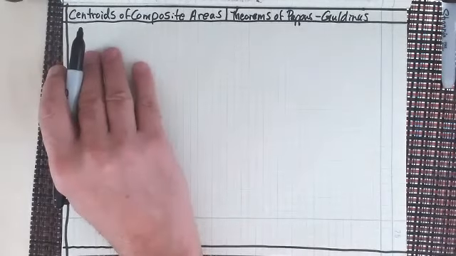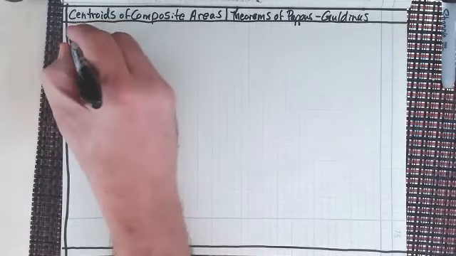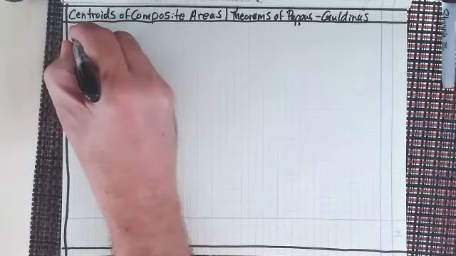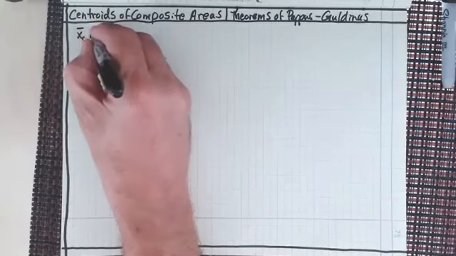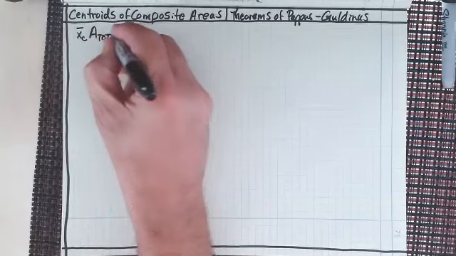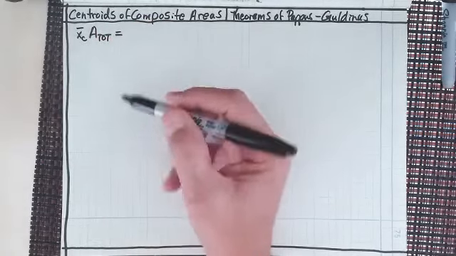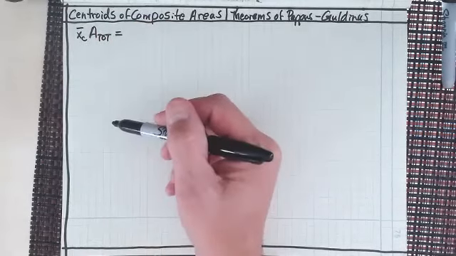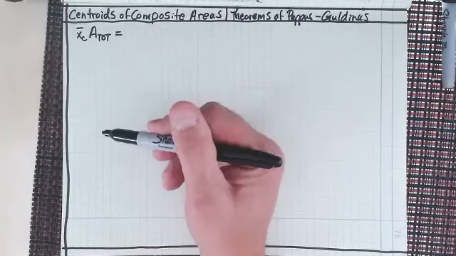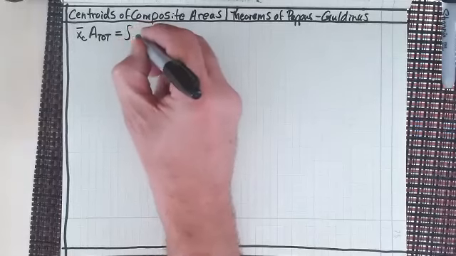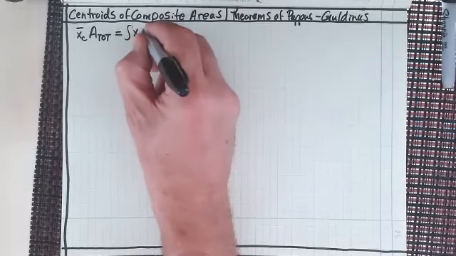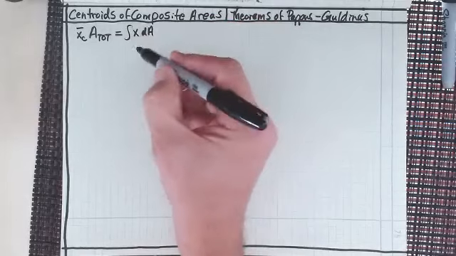mathematics involved. And if you remember, originally I said, let's just use the x centroid. I said that the x centroid times the total area of the cross-sectional area, whatever it is, a circle, a triangle, a circle with a triangle in it, whatever, is going to be equal to the integral of x dA, right?